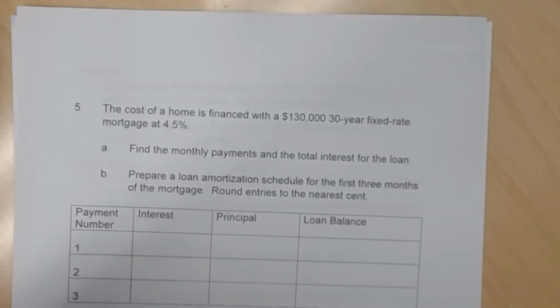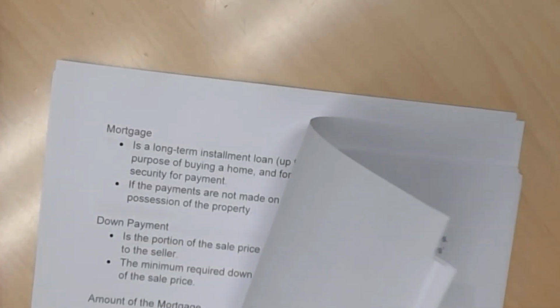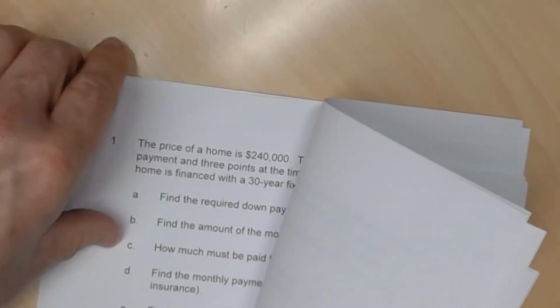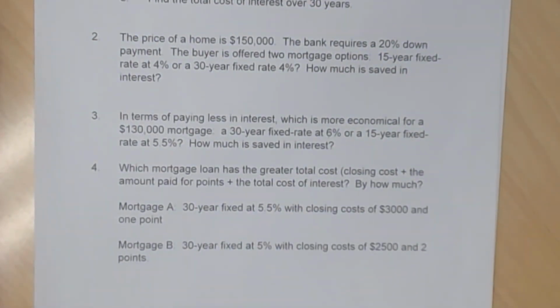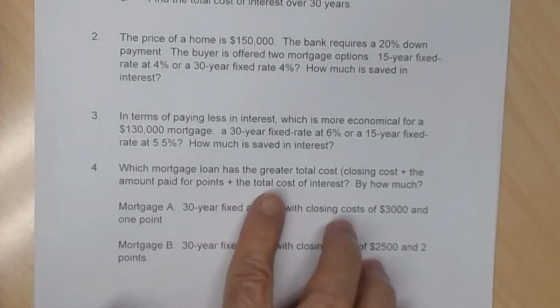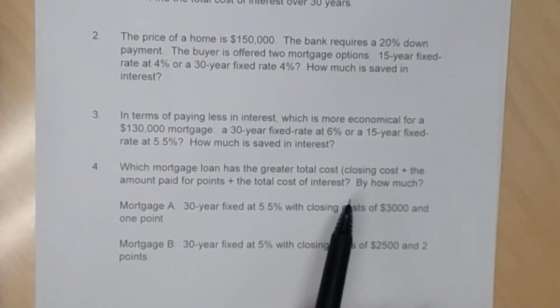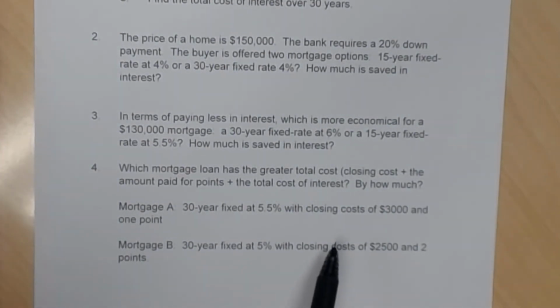So we can get it back. Number 4. Here it is. All right, which mortgage loan has a greater total cost, and by how much? So let's do number 4.